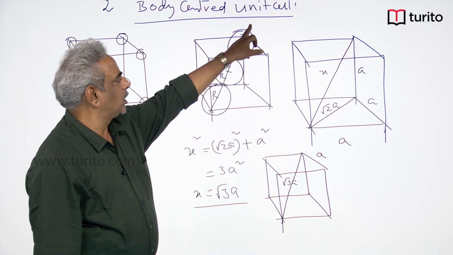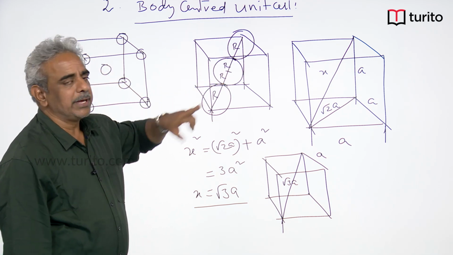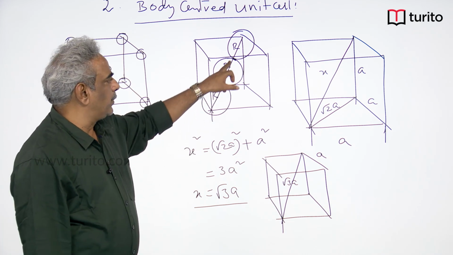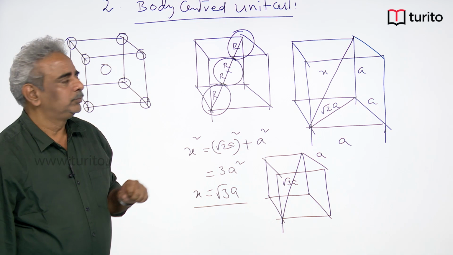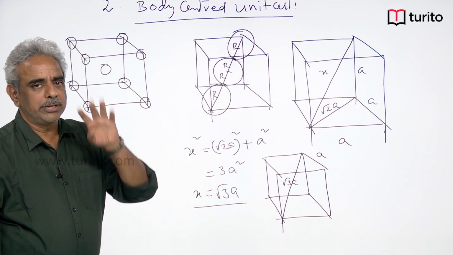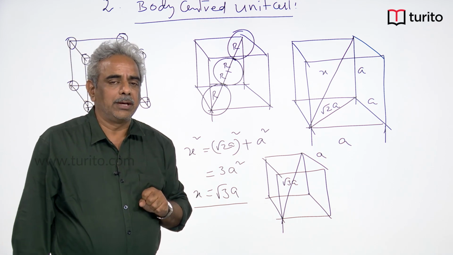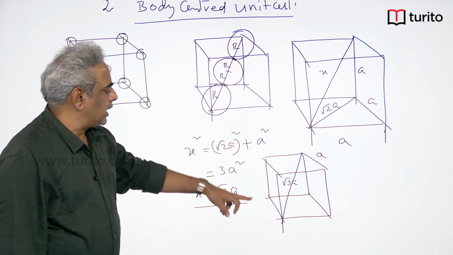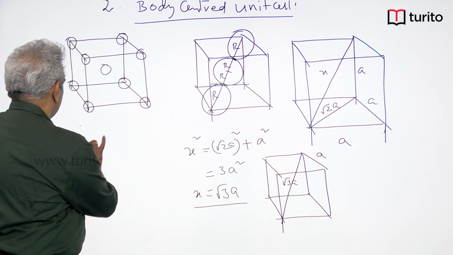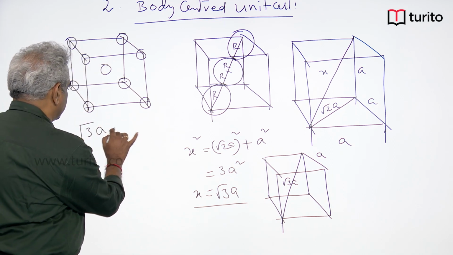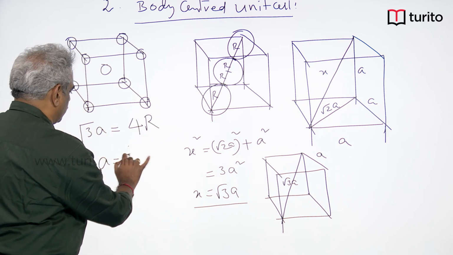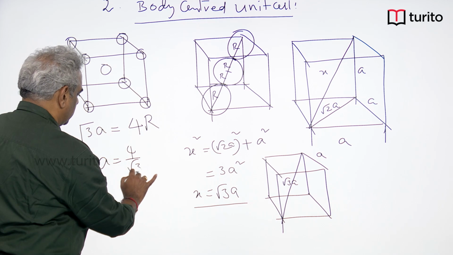This sphere is in the corner, this sphere is in the corner, this sphere is in the middle, the body center. So the complete diameter of the middle sphere, the radius of that corner sphere, and the radius of this corner sphere. So there are totally 4 radii. 4 radii is covering root 3 A. So what is the relation? Root 3 A covers 4 radii. So A is equal to 4 by root 3 times R.